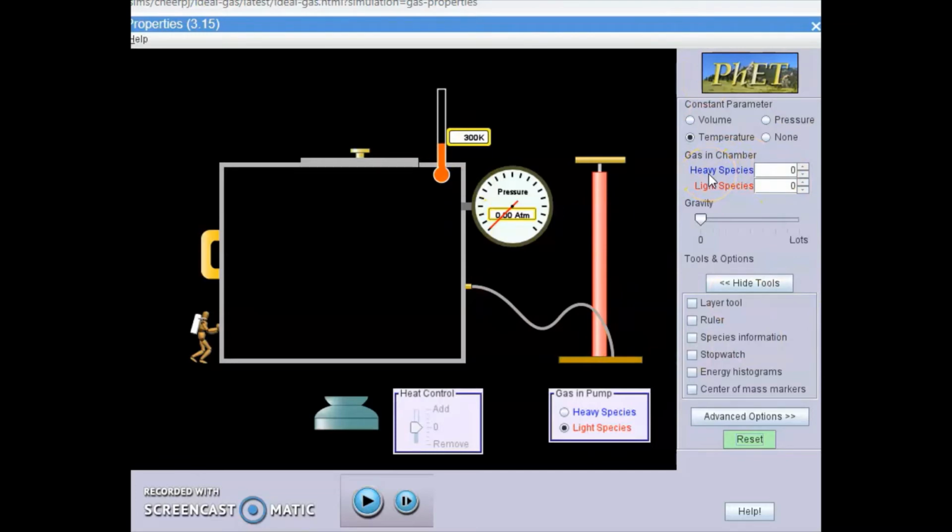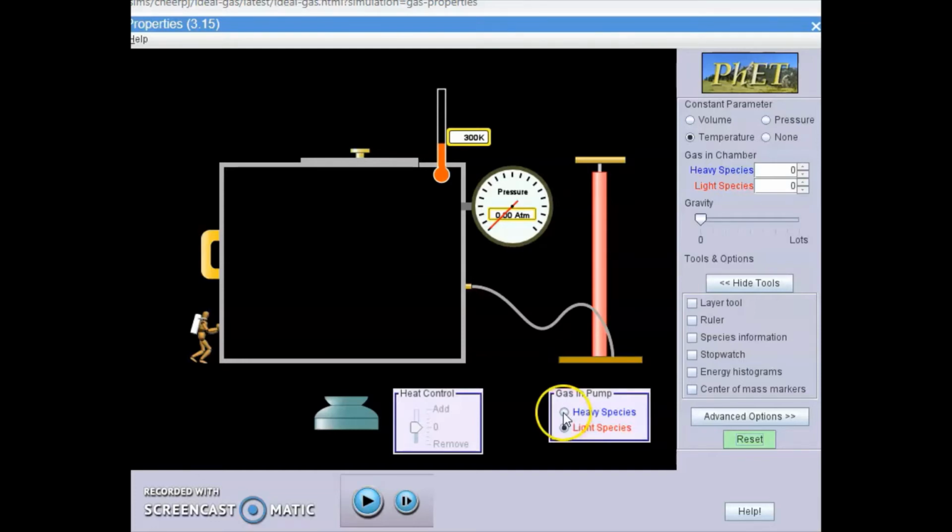Now to simulate Boyle's Law, we have to make the temperature constant. We have a gas pump, and we have heavy species or light species. We can experiment with the simulation. You can choose light or heavy species.